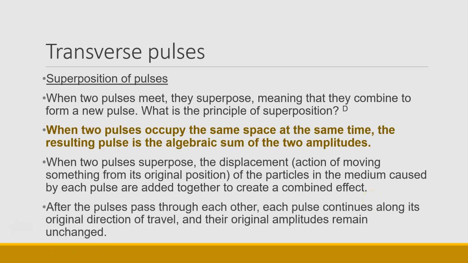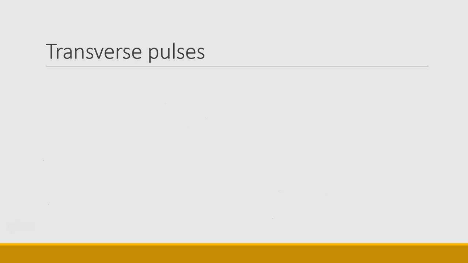After the pulses have passed through each other, though, they continue along with their original amplitudes and their original direction of travel as though they have never met. So they remain completely unchanged after they have passed each other.